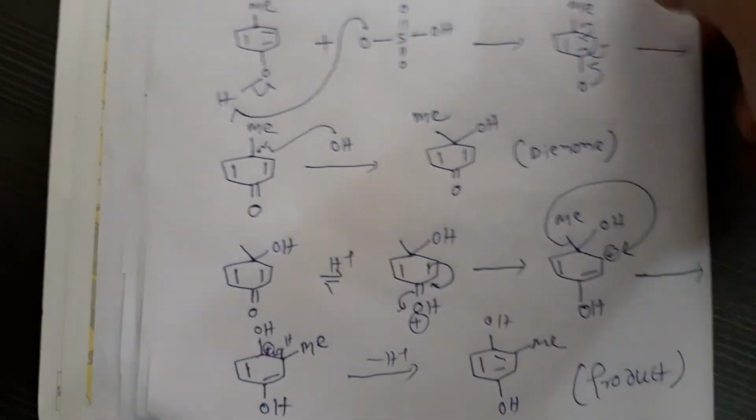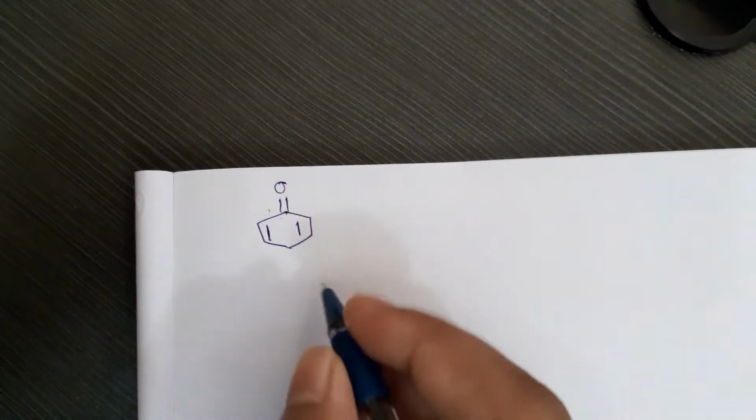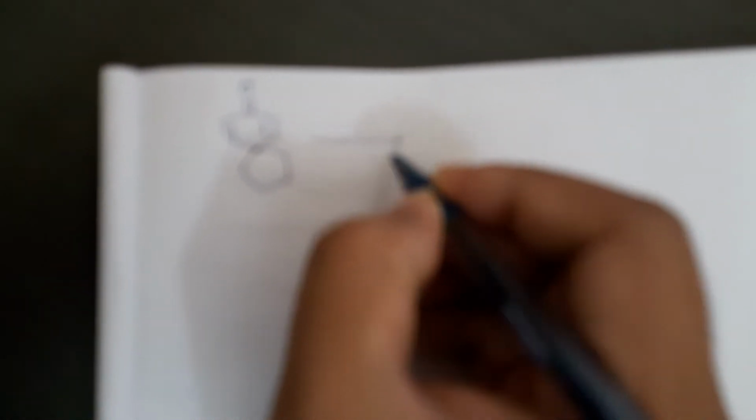Let's see one example. This is a very good example. If you give H plus, what will form? The product which is formed, this will be the product.